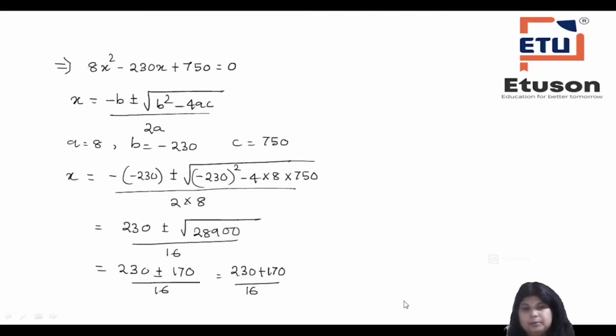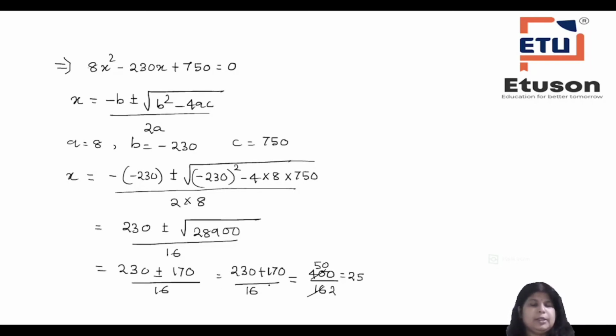So you will have how much? It is equal to 400 divided by 16. So it is divisible by 8. So you will get 2, it is 50, so it is 25.